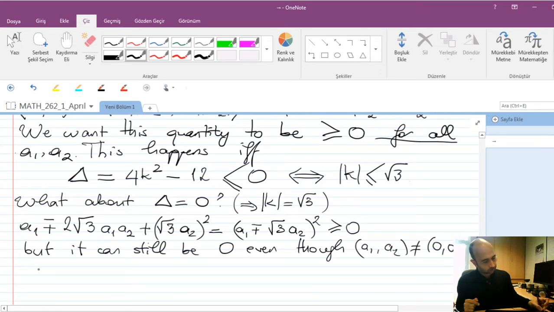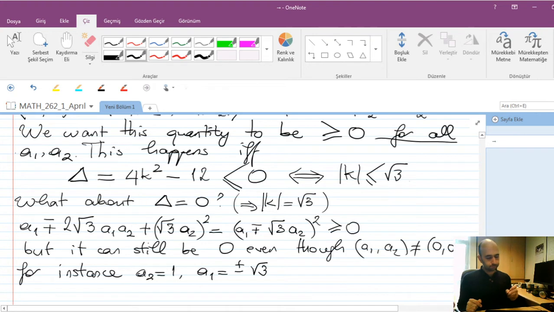For instance, just to give a concrete example, a2 is equal to 1, a1 is equal to minus or plus root 3, depending on whether this is plus or minus.